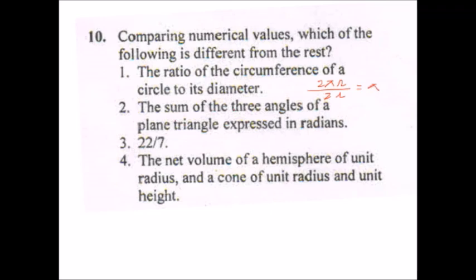Second point is the sum of the 3 angles of a plane triangle expressed in radians. Pi radian is equal to 180 degree. So these two values are equal, and pi value is equal to 22/7. So the answer will be 4.